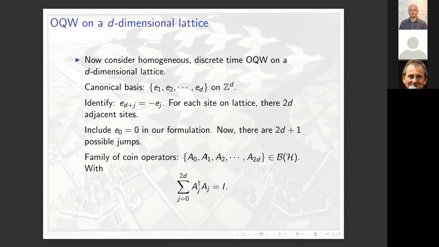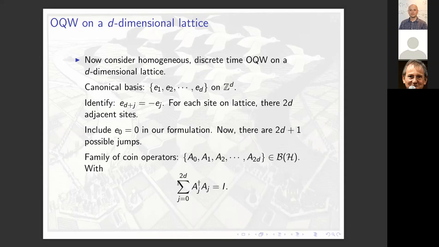So this A1 is constant no matter where the walker is on the graph, no matter what site on the lattice. If it wants to move in that direction, you're always going to describe that with A1. And the same thing can be said about all these other operators, A2 and so on and so on.